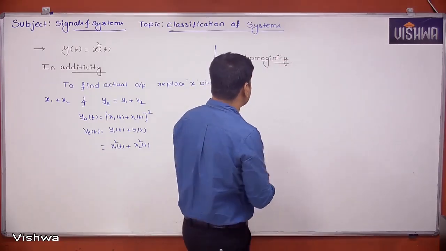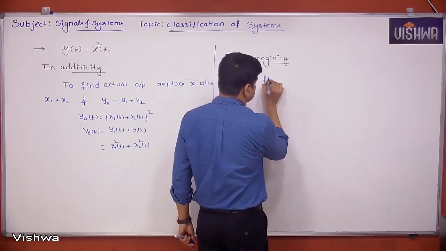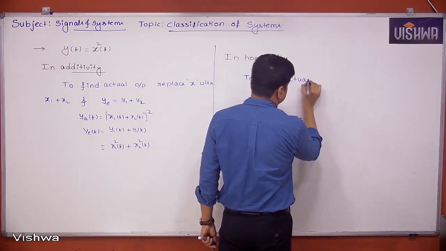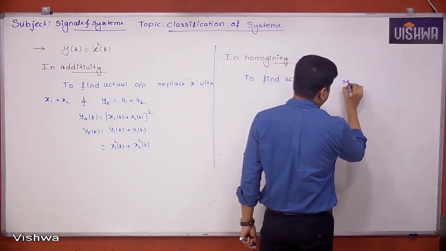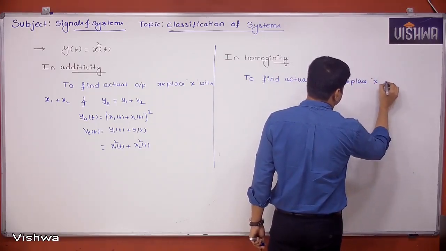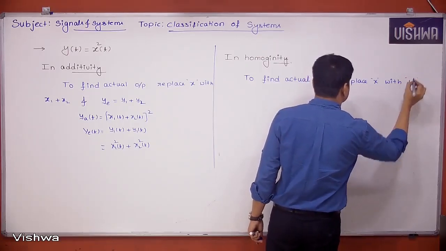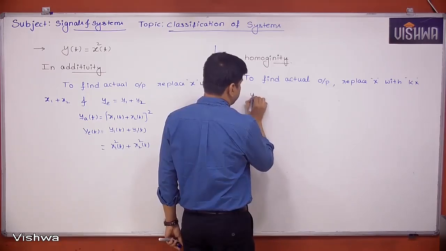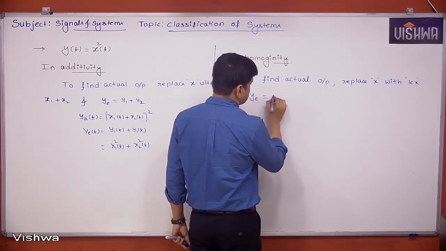To find actual output, replace x with kx, and expected output is equal to simply ky.